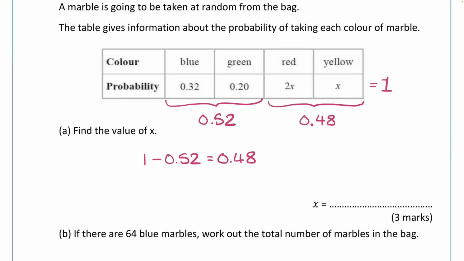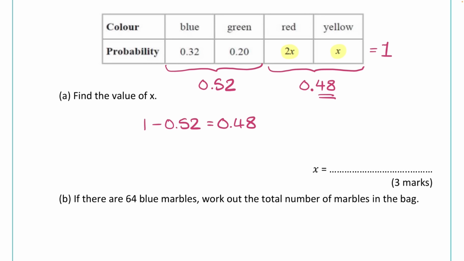Now this is given to us in terms of algebra. What we can see here is that this is 2x and this is 1x. So it could have given this to us in language. It could have said red is twice the probability of yellow, and that's what that means, 2x and 1x. So if one's twice the probability of the other, you could write the algebra in yourself. We could write this as a ratio, 2 to 1, but ultimately we want to divide this 48, what's left, by 3.